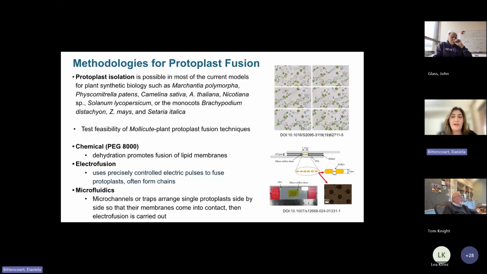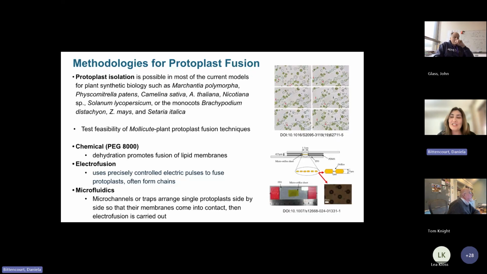So we have very different plants that we could try and use. Of course, this also will be matched with the phytoplasma species that we are going to choose for this test.